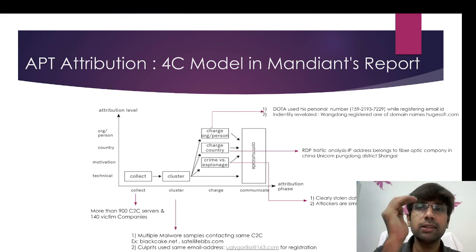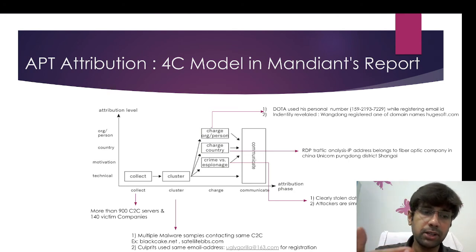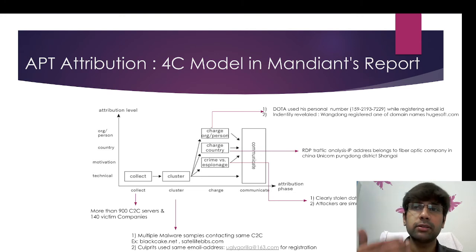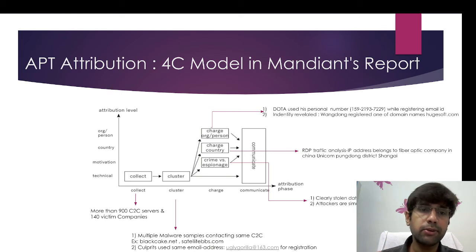So they assign probability scores for each of these hypotheses, and based on that they accept and reject hypotheses. In this case they accepted a few hypotheses, and based on that they are able to come to a conclusion that this APT1 campaign was led by China's military wing, the People's Liberation Army, especially the military unit named 61398, which is located in the Pudong district of Shanghai.